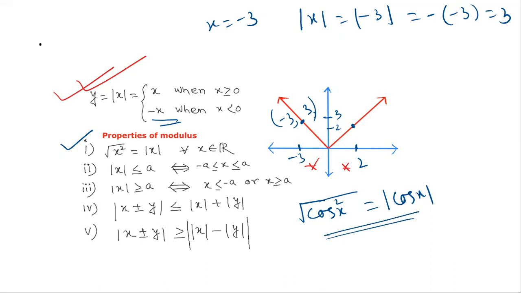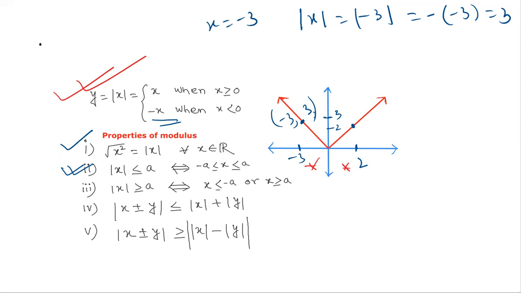Now if you take mod x less than or equal to a, then x must lie between minus a and a. The reason behind this: let's say mod x less than 2.